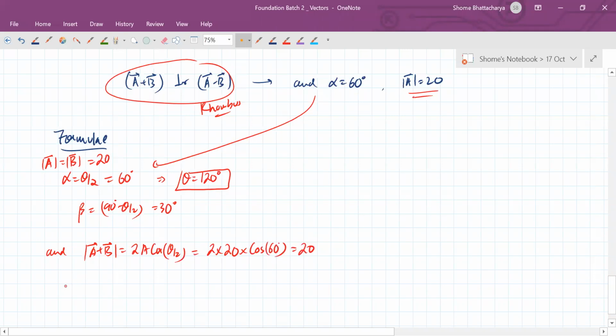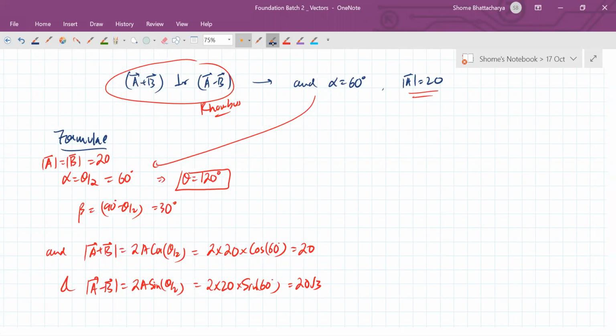And magnitude of A minus B is 2A sin theta by 2. So that is 2 into 20 into sin 60 degrees, which becomes 20 root 3. These are the special formulae that we are using for the rhombus, and that's becoming our answer set.